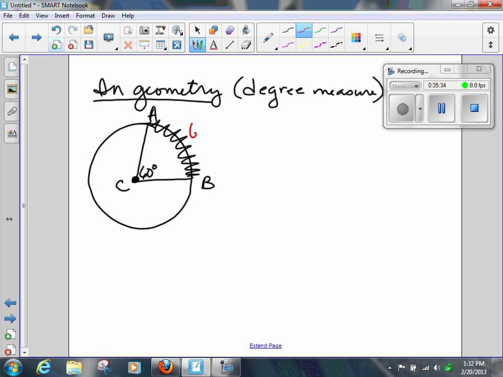It is 60 degrees. If the central angle measure is 60 degrees, then the arc measure is also 60. If it were an inscribed angle, remember an inscribed angle, its vertex is on the edge of the circle. If this were 60, then its intercepted arc would be double, 60 times 2, which is 120. That's totally going back to geometry, okay?